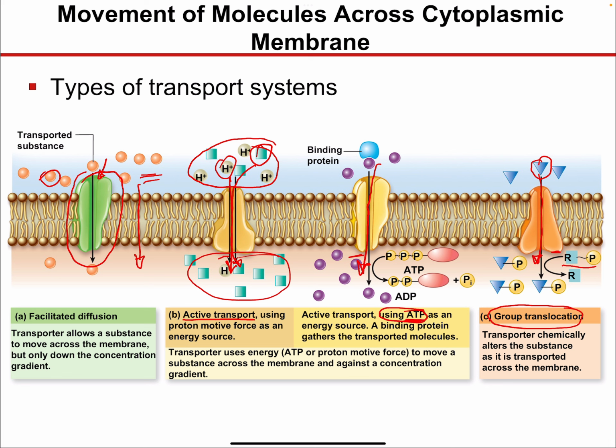Now, for that chemical to not go back out, the phosphate that was carried by this molecule is going to be transferred to the molecule that just came in. This is typical of, for instance, glucose. When glucose is outside of the cell and goes inside of the cell, after transport, that glucose is going to receive a phosphate. That phosphate is going to cause glucose to not be able to leave the cell anymore. All right?